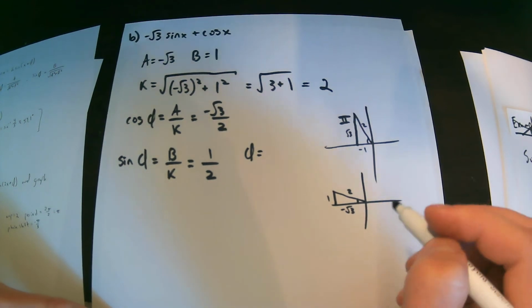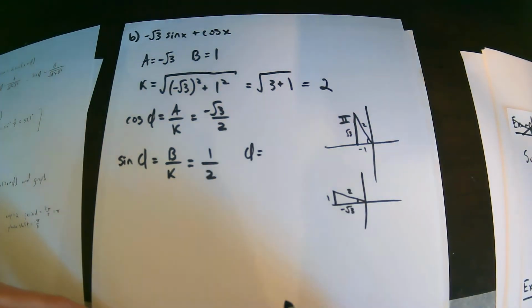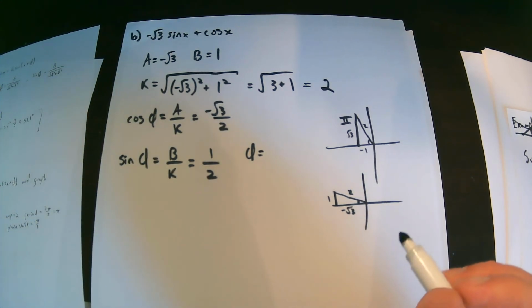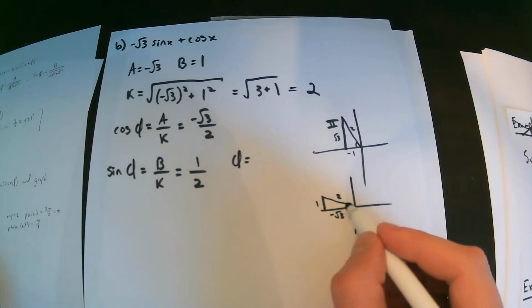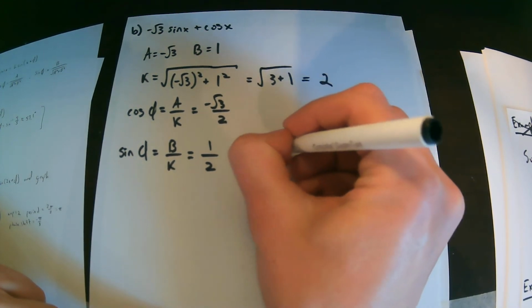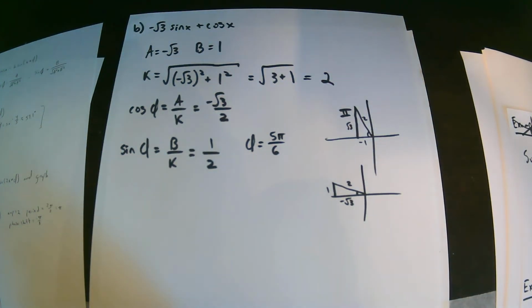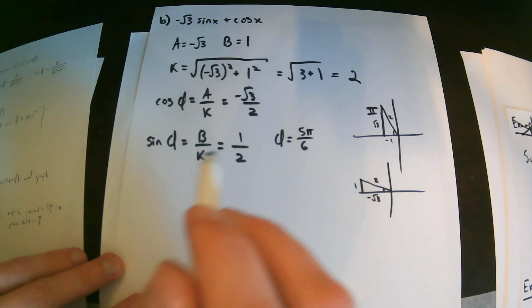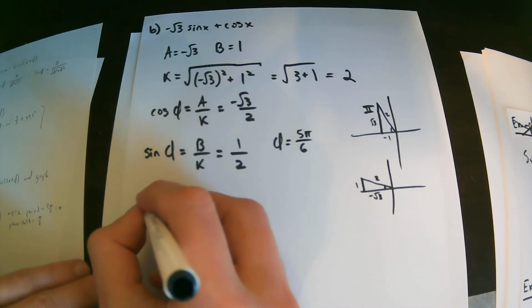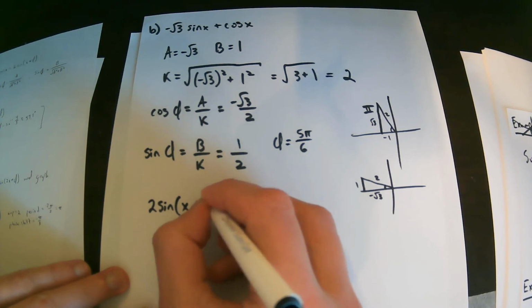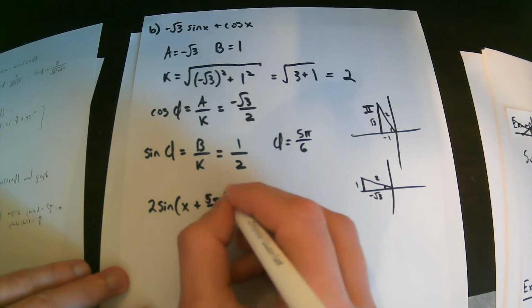There it is. That will give me the correct relationship between the sides here. And what is that angle? That is one of the pi on 6 angles, right, because it's a tiny angle, and it's 5 pi on 6. So writing this, I've got k is 2, and I've got my angle, so k times sine of x plus phi. There we go.